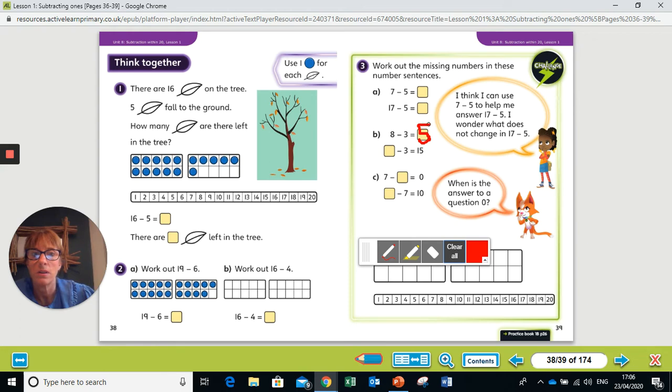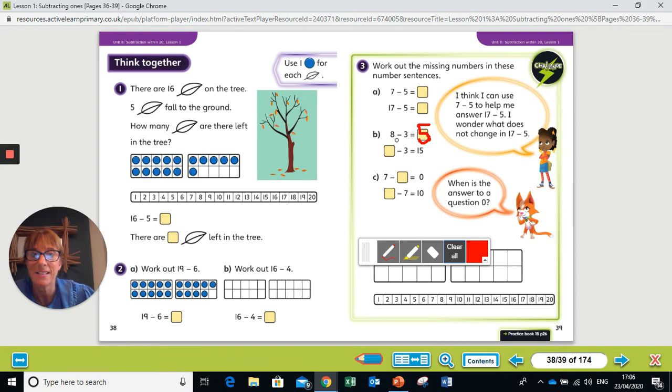Now have a look at this sum. This time we don't know what number we're starting with. We have to work out what number we start with, and if we take 3 away, we've got 15. Have a little look.